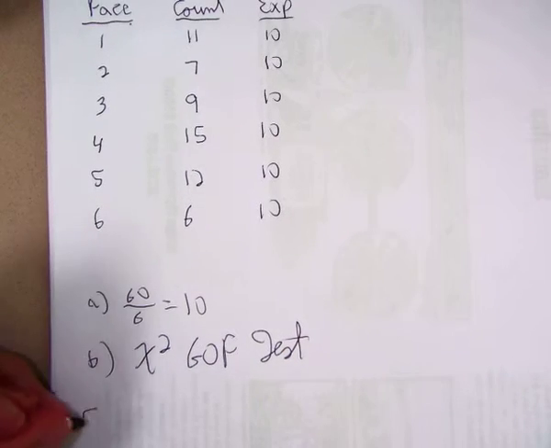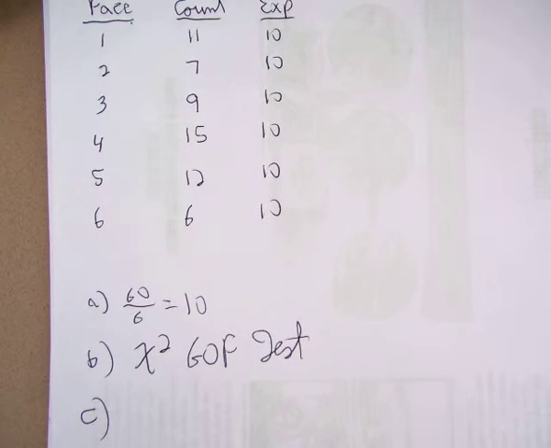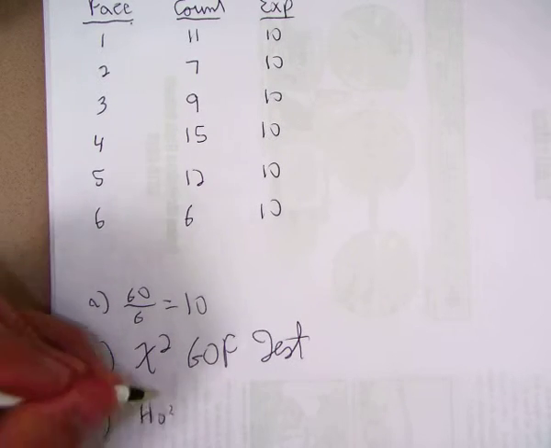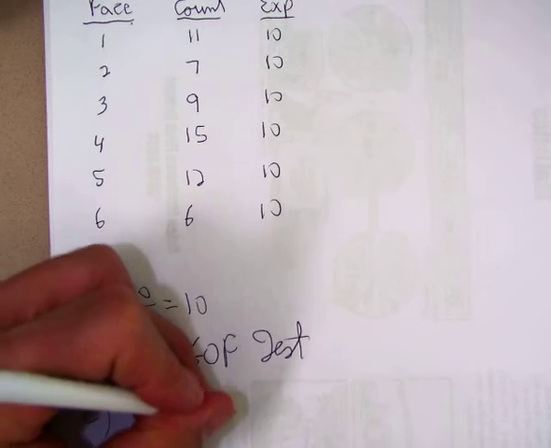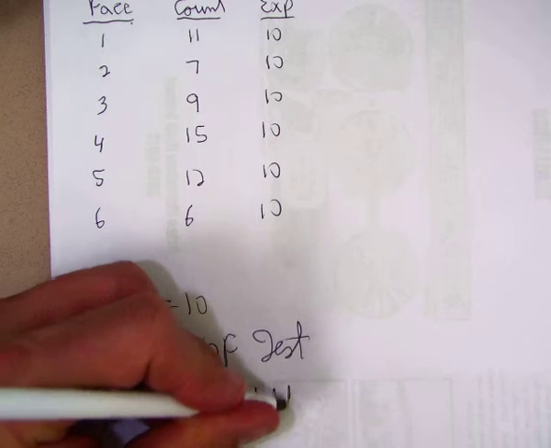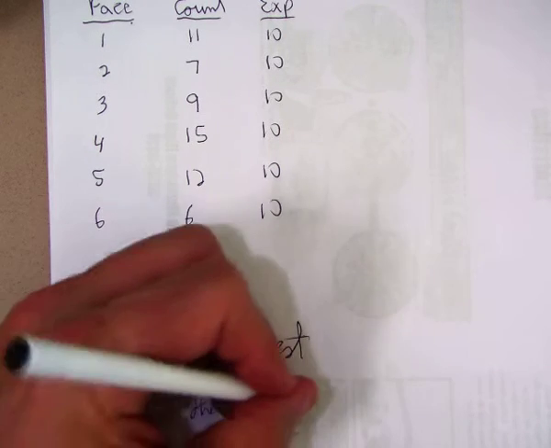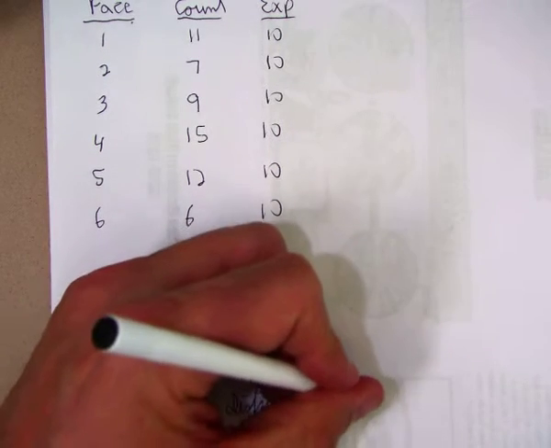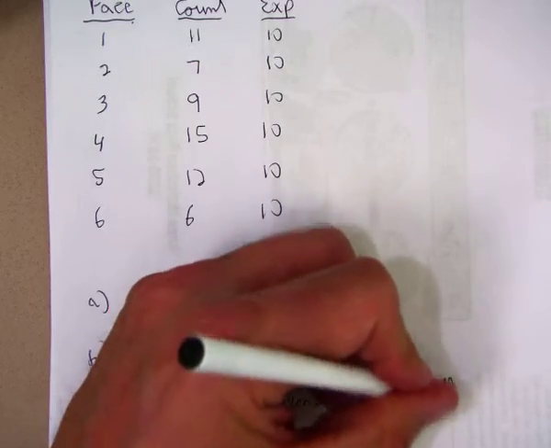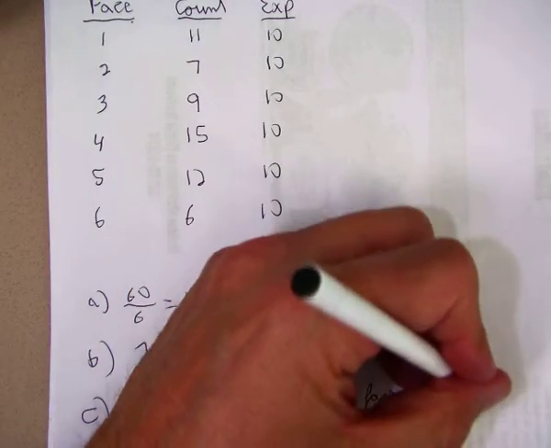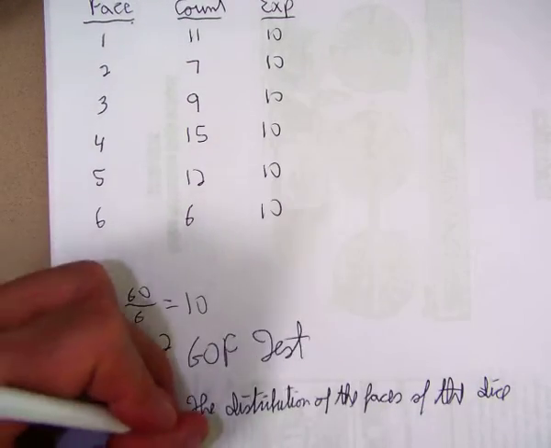All right. And then C, it says we have to state our hypothesis. So the null hypothesis is the distribution of the faces of the dice is as expected.